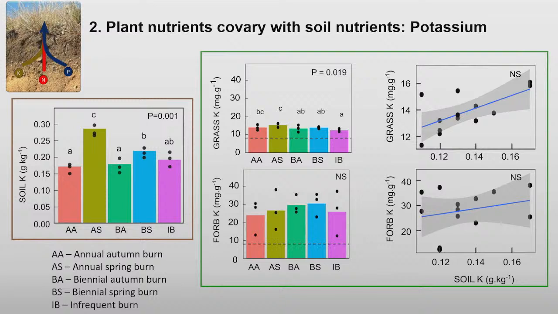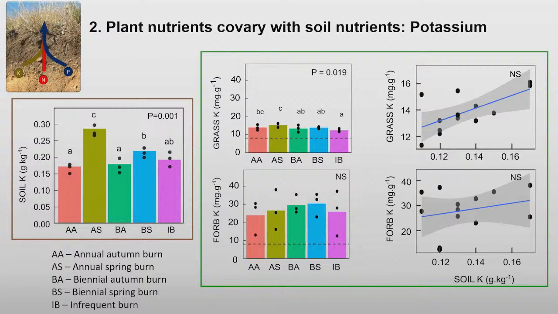Finally, potassium, you do see a response. And again, I think it's because the potassium is returned to the soil in a mineral form, which is immediately available for plant uptake. And so you can see a plant potassium response.